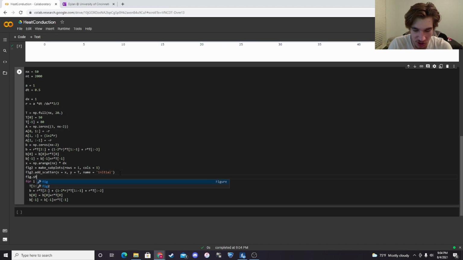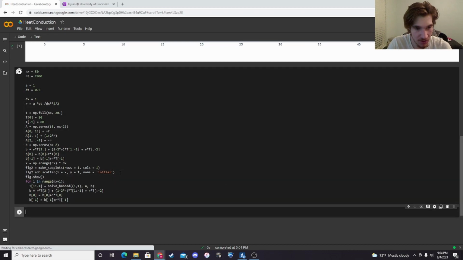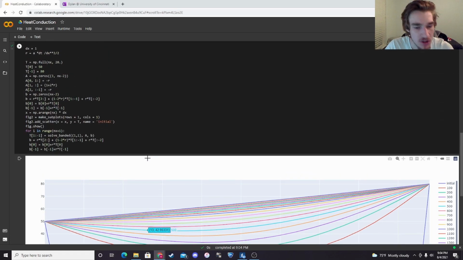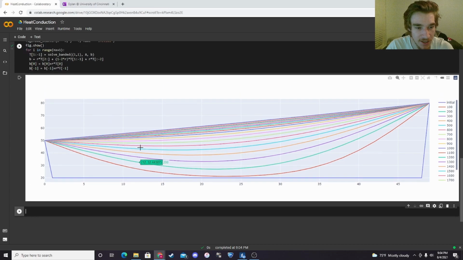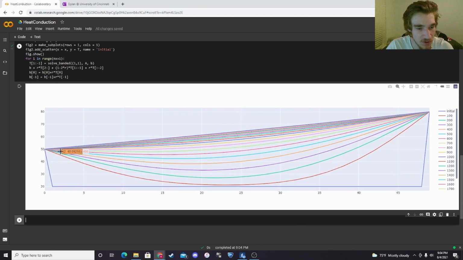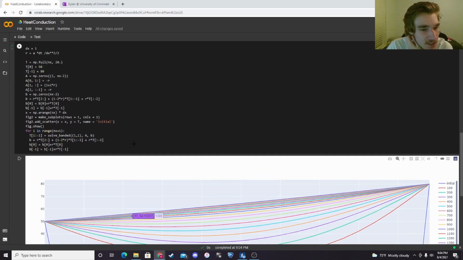Let's do fig.show again. And there we go. Now it is showing, except it is showing all of the values. We don't want these values. Why is it doing that for me?